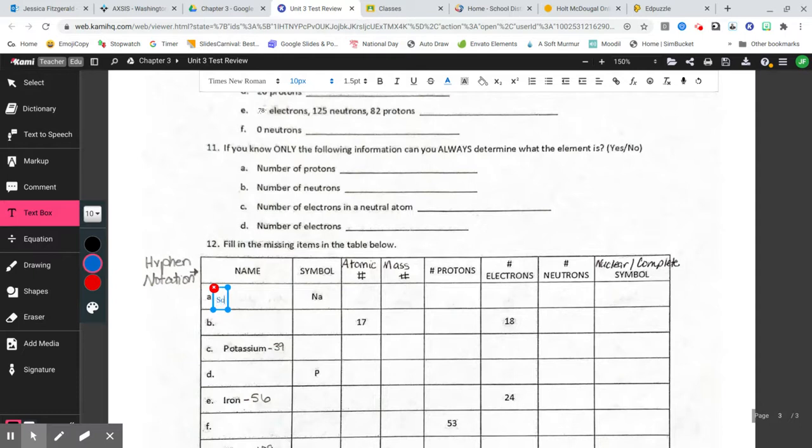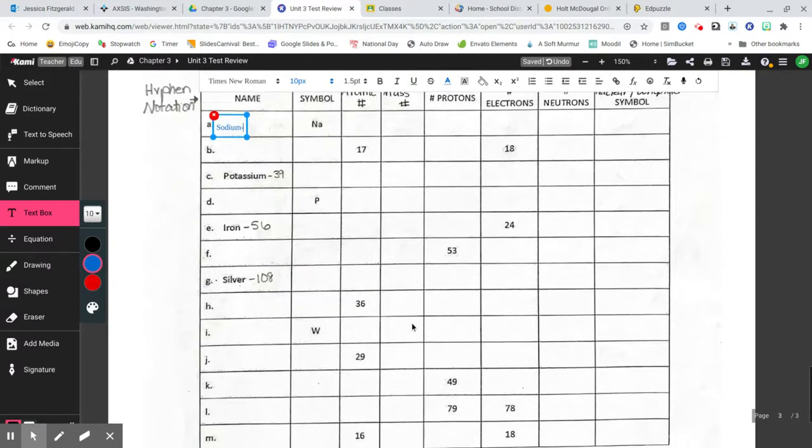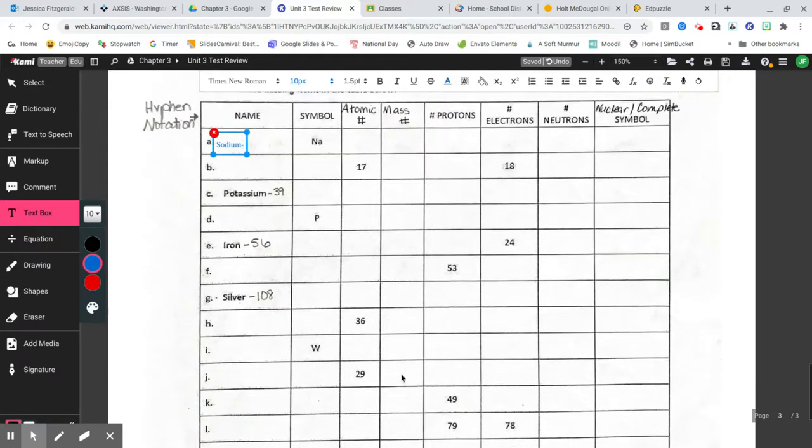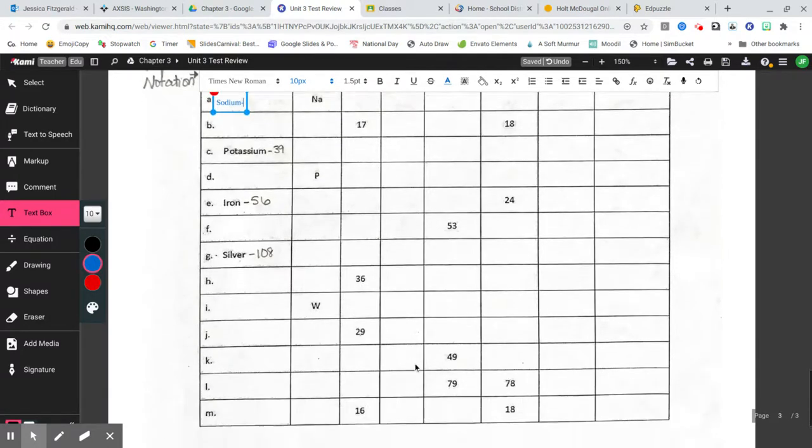So we have sodium, dash, and then the mass. So remember, you go to the periodic table and you look up the mass. You will not have any isotopes that you're going to work with in this table, because the mass number you have to look up. You're not given any of the mass numbers.